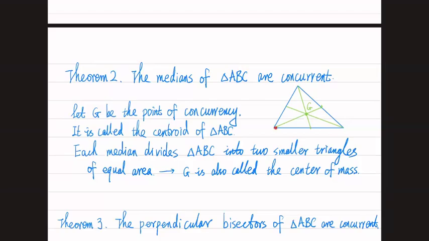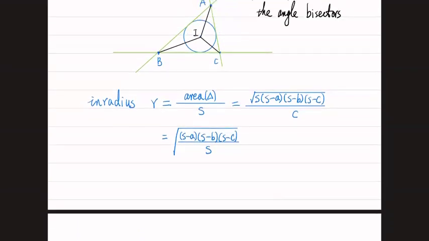Okay, because all the medians are contained in the triangle, their intersection is also contained in the triangle. So this one we cannot go outside. No matter if we have acute or obtuse, we still have the inside.